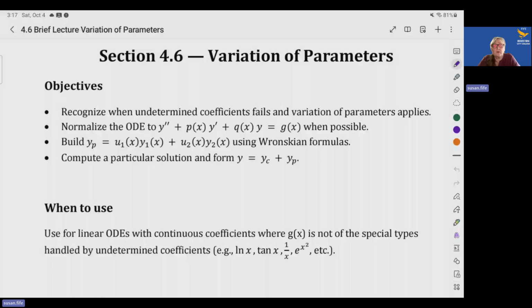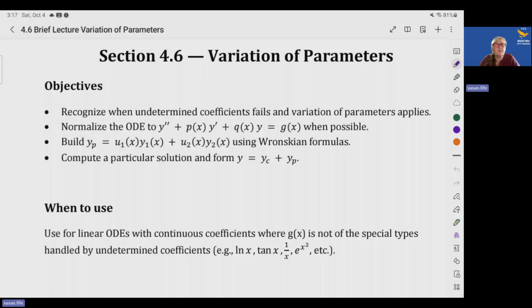We're going to normalize the differential equation to y double prime plus p of x y prime plus q of x times y equals g of x, if possible. That really just means if you have a coefficient in front of the highest order term, that you divide by it.